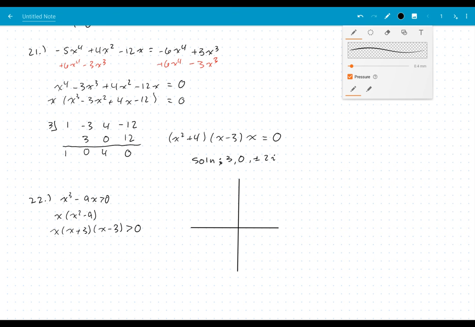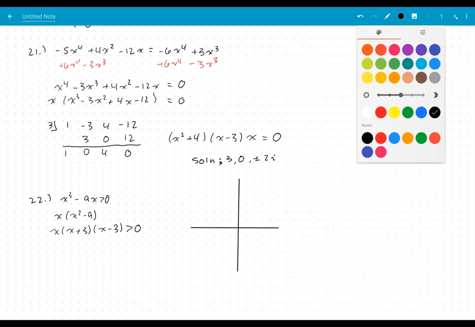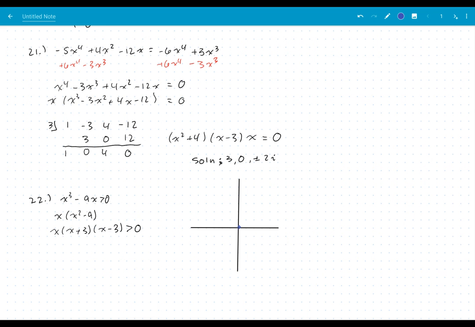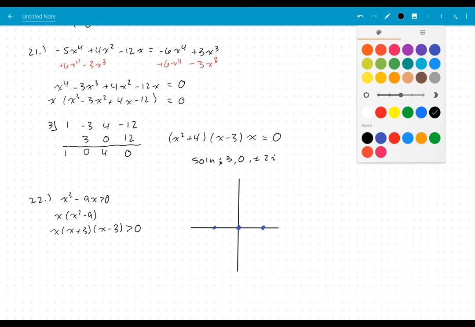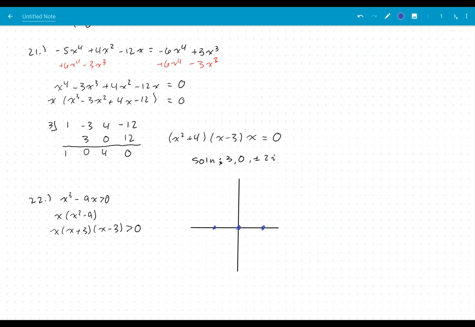So we have a point of our graph here at the origin, and then 1, 2, 3, 1, 2, 3. It's positive and it has an odd degree. It's odd and positive. So we're going to start down here and go up that way.